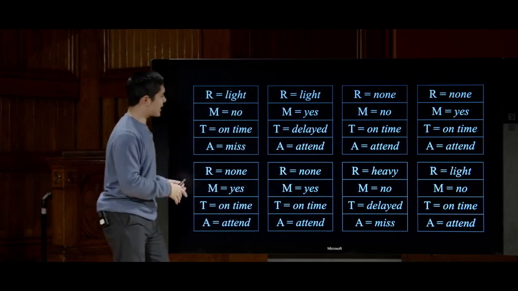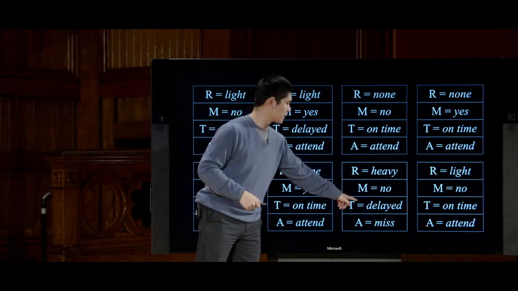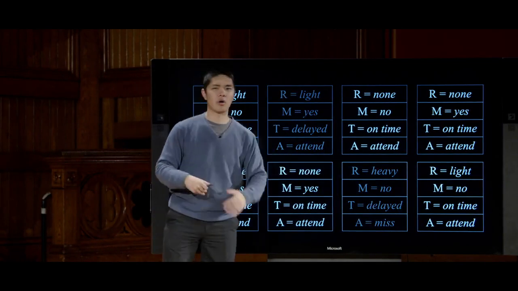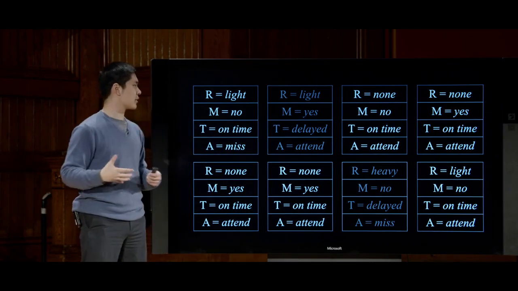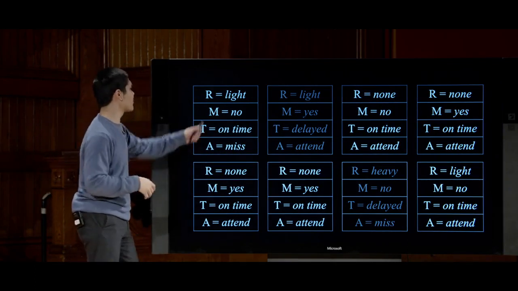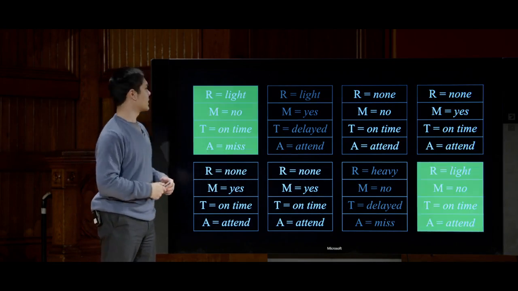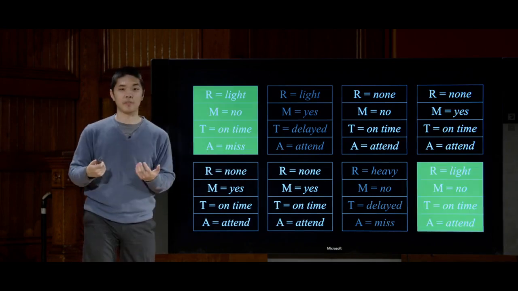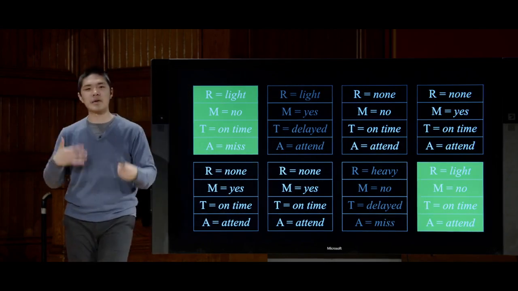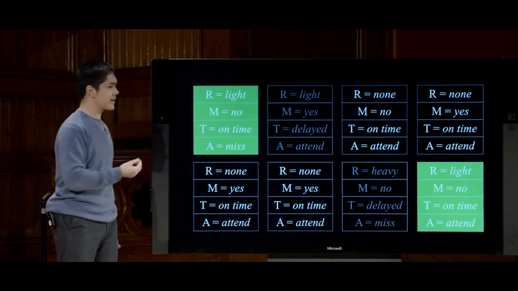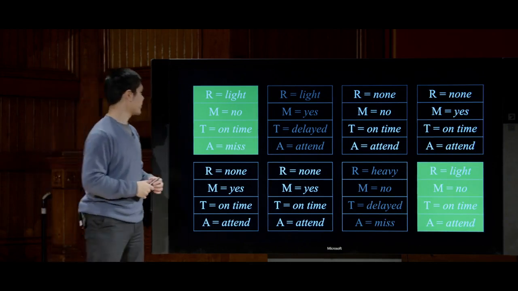So I can look at the 2 cases where the train was delayed and ignore or reject them, exclude them from the possible samples that I'm considering. And now I want to look at these remaining cases where the train is on time. Here are the cases where there's light rain. And now I say, OK, these are 2 out of the 6 possible cases. That can give me an approximation for the probability of light rain, given the fact that I know the train was on time.